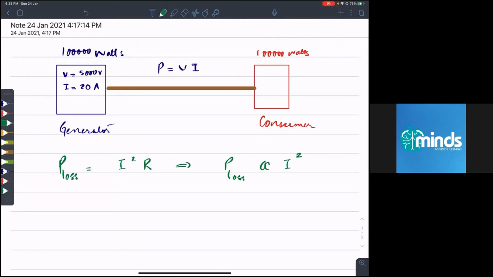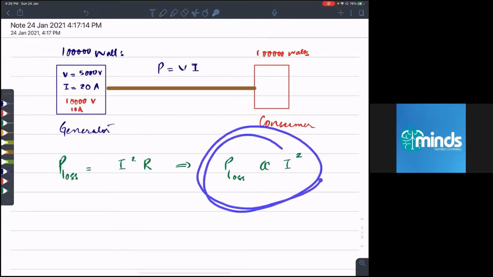For example, we increase this voltage to 10,000 volts. So we will need just a current of 10 amperes. I hope you will agree that under this condition, the power loss will become 1/4. Why 1/4? Because we reduced the current to half, and we have a square on the current in the equation of power loss. I'm talking about this relationship.